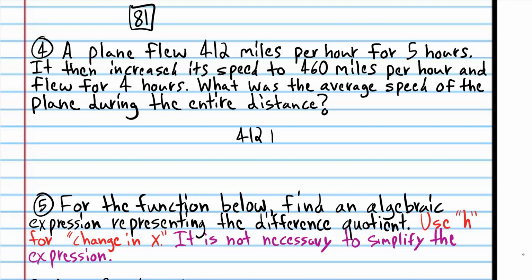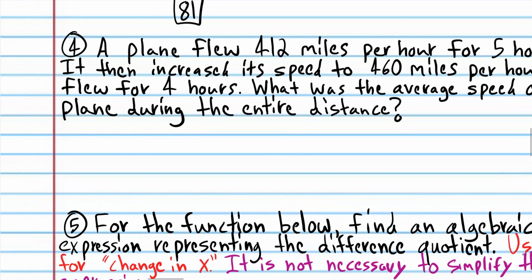If we take 412 and add 460 and divide by 2, that's not a weighted average, and it doesn't make any sense because you can't give these two numbers the same weight, because the plane was traveling 412 miles per hour for 5 hours, and it was traveling 460 miles per hour for 4 hours. So one's 5 and the other's 4, so it doesn't make any sense to just divide by 2. So we can't find the mean just by adding those two numbers.